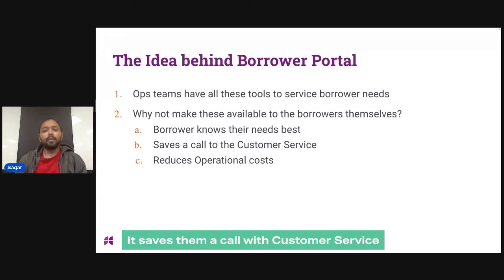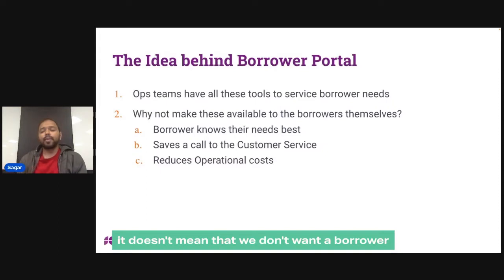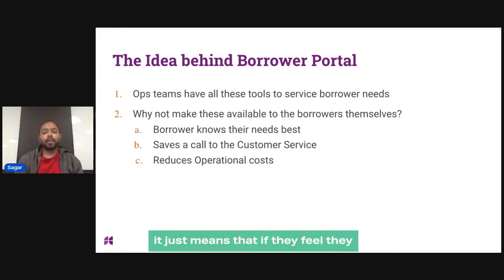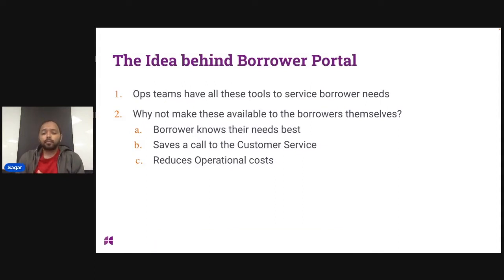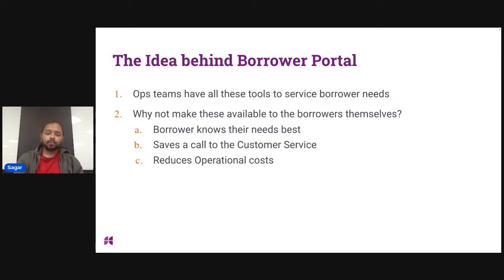It saves them a call to customer service, and in doing so, it reduces operational cost. Having said that, it doesn't mean that we don't want the borrower to call our customer service number. It just means that if they feel they can solve their own problems, they would have the tools to do so. That is the entire idea behind the borrower portal.